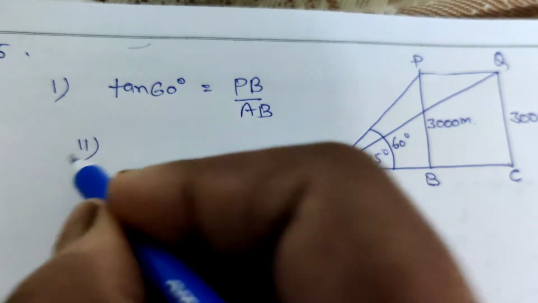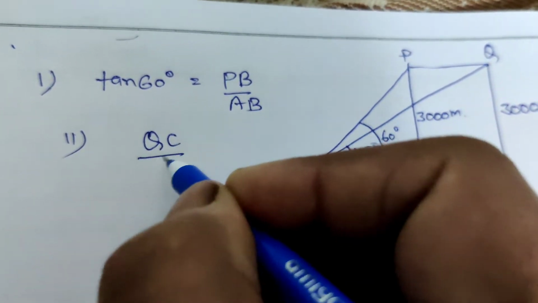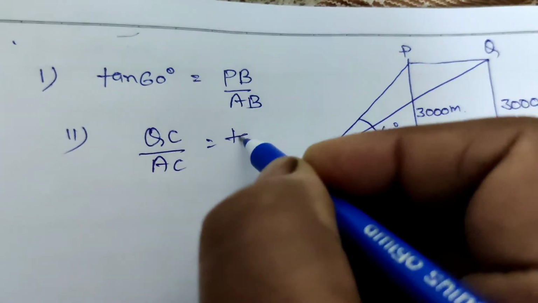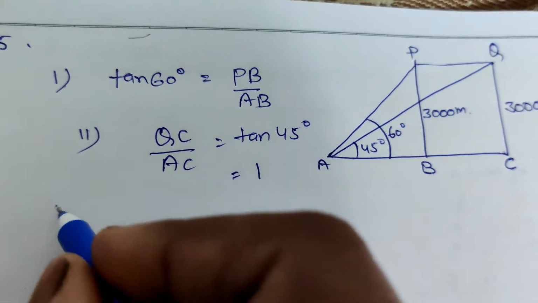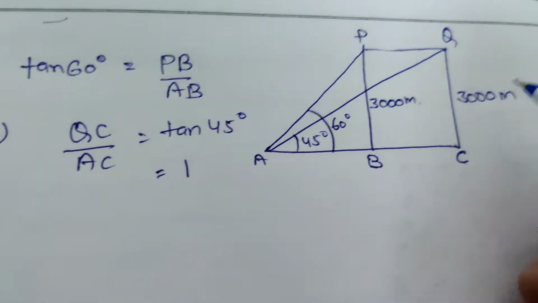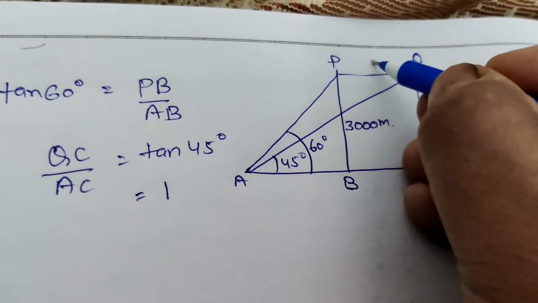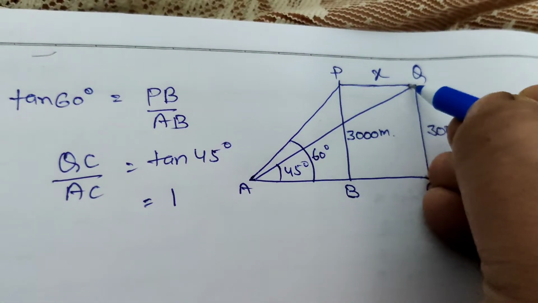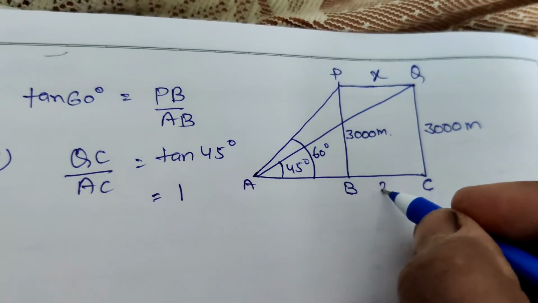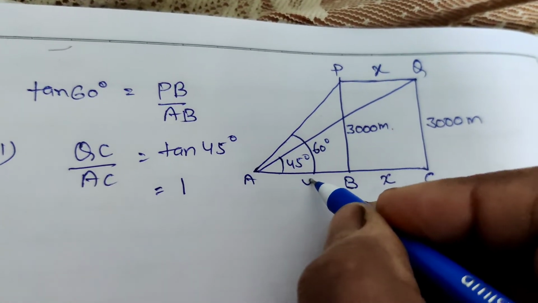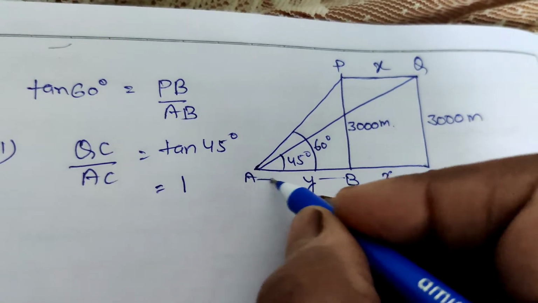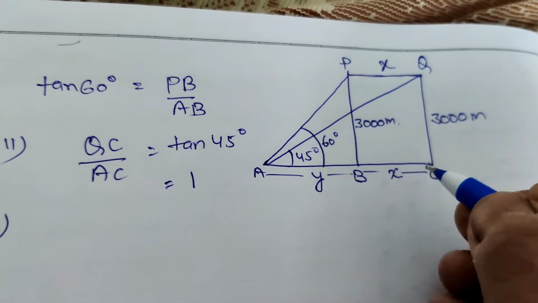From the second, the ratio QC upon AC equals tan 45, which is equal to 1. Now the third, the distance traveled in 20 seconds, this distance from P to Q, is x. And this distance is y. AB equals y, BQ equals x.